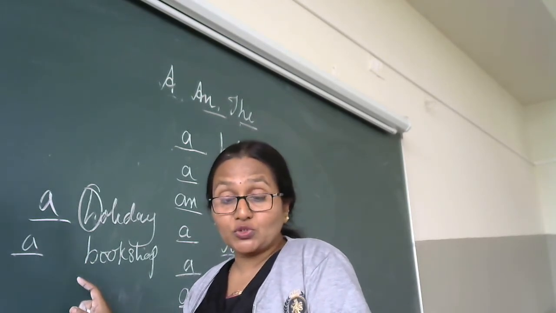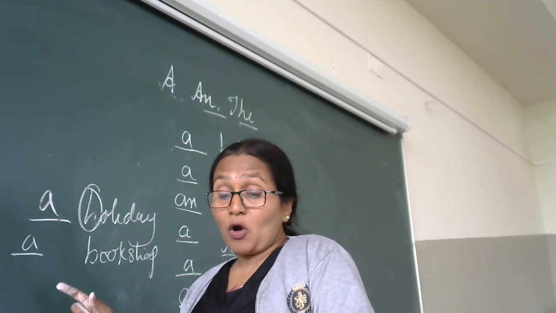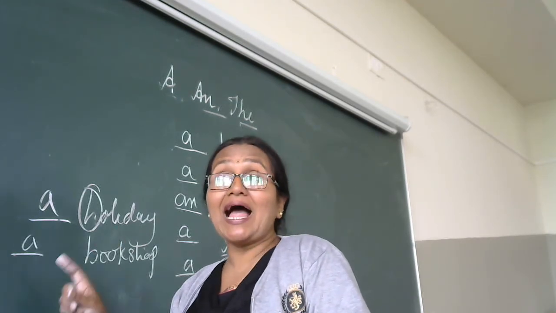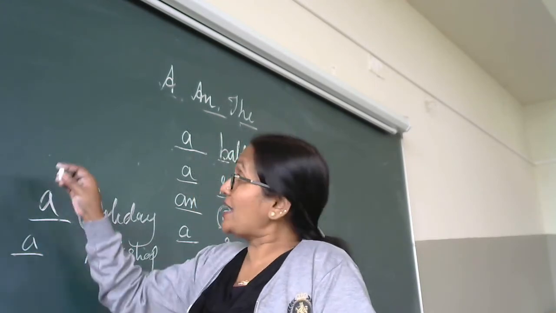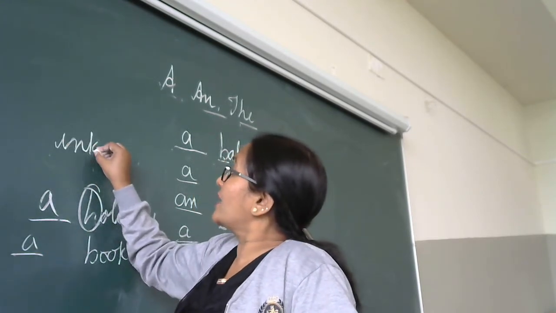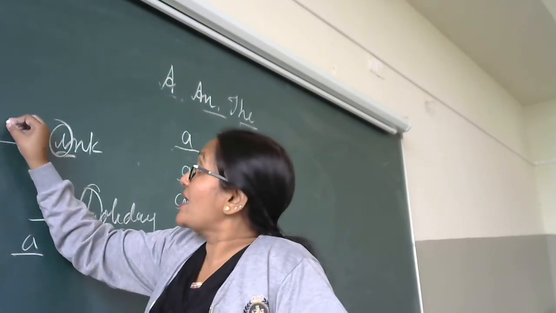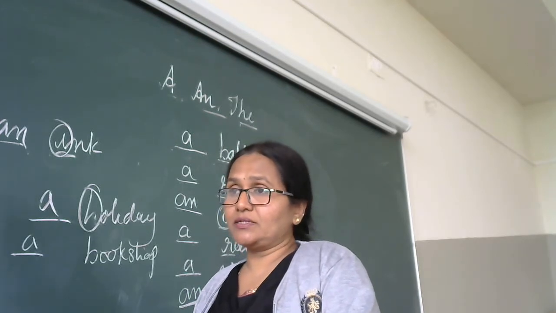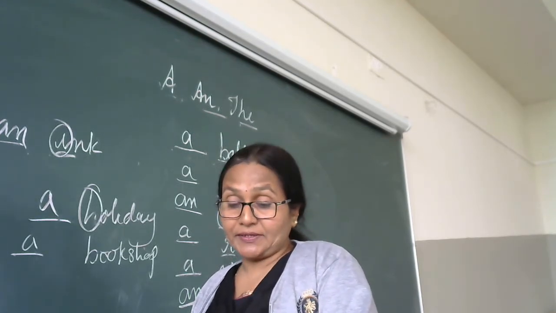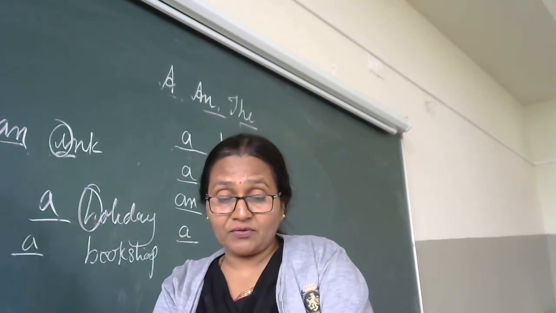Zubair buys a picture book for himself and dash ink pen for his father. Ink pen, I-N-K. Here it begins with a vowel, so an ink pen for his father. Tomorrow fill in the fourth, fifth.